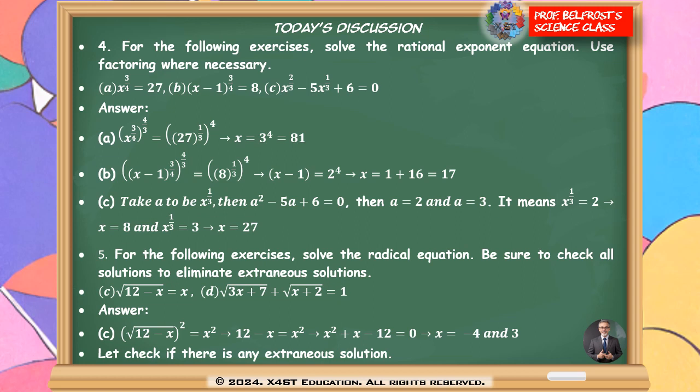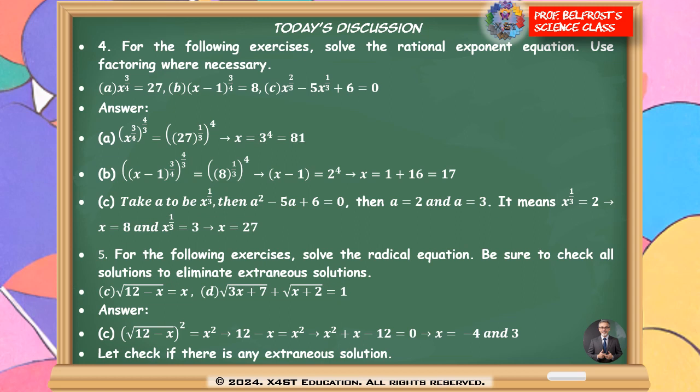Actually, it can be done. You just need to raise each side to the power of the reciprocal of the inner power. A little confusing, right? What I mean is, for example, the inner power is 3/4 for A, also 3/4 for B, and for C we need to take care of them later.